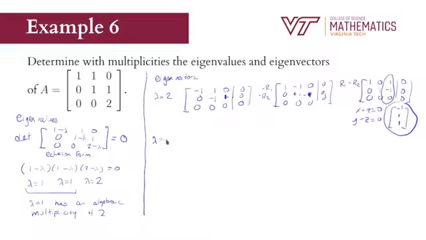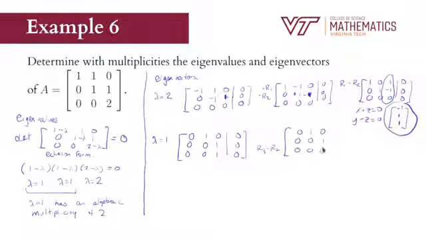Let's look at lambda equals 1 here. 1 minus 1 is 0. 1 minus 1 is 0 again. And 2 minus 1 is 1. And then if we just do row 3 minus row 2, we get 0, 1, 0, 0, 0, 1, 0, 0, 0.